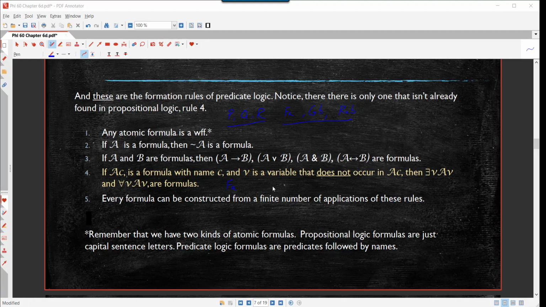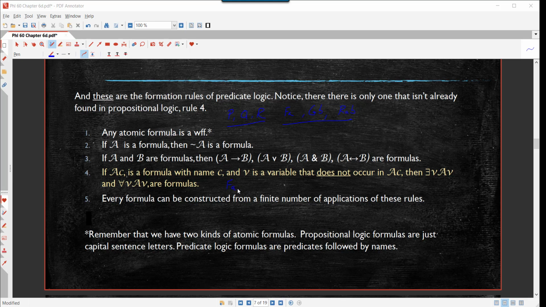And so what we're being told in this Rule 4 is that if you have an atomic formula of this kind, then if you want to, you can substitute a variable for a and put directly in front of the formula either an existential or a universal quantifier with the same variable, okay? So this isn't inference, remember. This is just telling you how you can construct something that's a woof, okay?